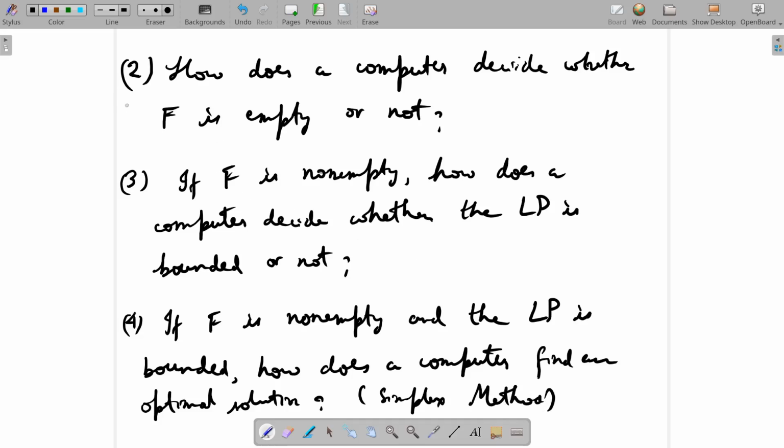As I said, for question 2, we will figure out some ways to determine this, but typically you will have some feasible solution, so you know that it is non-empty. So the whole crux of this lecture is question number 3, which we will answer in today's lecture.